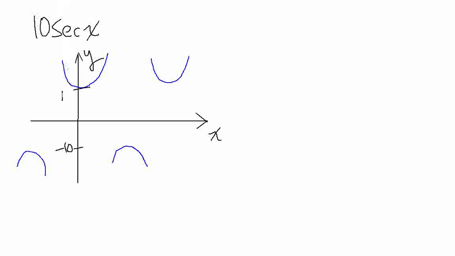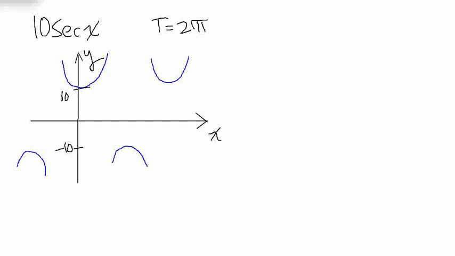It stretches it vertically, but it has no effect on the period. The period has to do with the distance between the peaks and the valleys with respect to the x direction. So the period is still 2 pi. Okay?